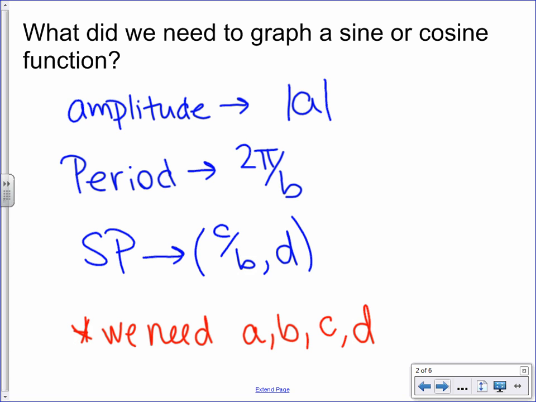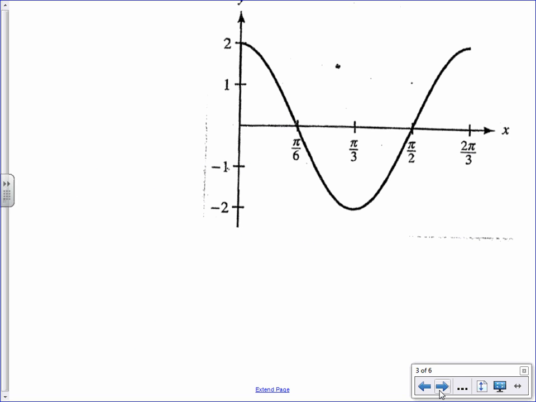So here is our first example. I've only given you one period, so I'm going to draw a frame around it, because that's what we're used to seeing.